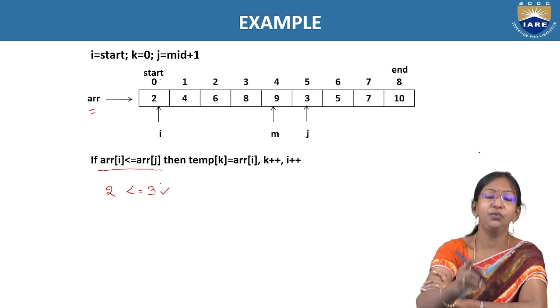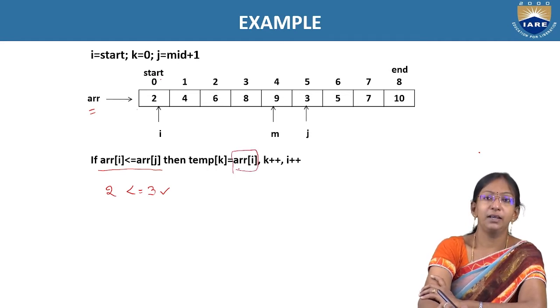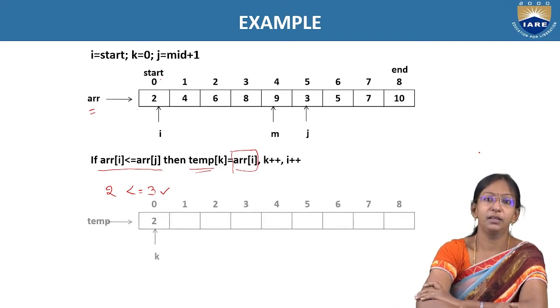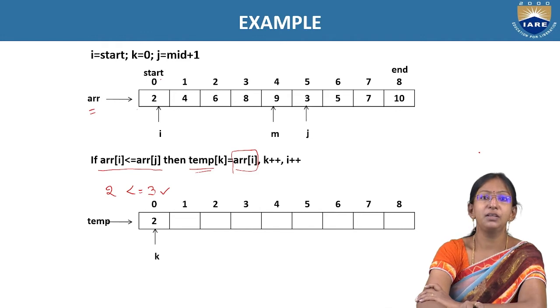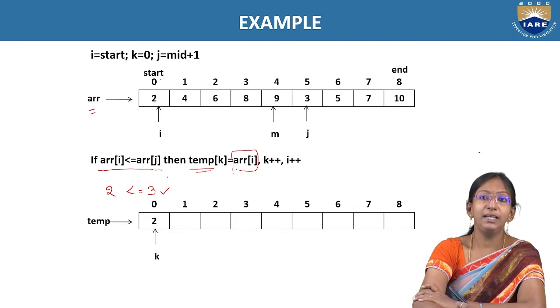Condition satisfied. If the condition gets satisfied, the very simple thing that you have to do is copy the element in the array pointed by I into temporary. Have a look at this one. Even this is an array. The size of temp is equal to the size of array AR, and it is regulated by the variable K. K is initially pointing to the first index, which is 0.